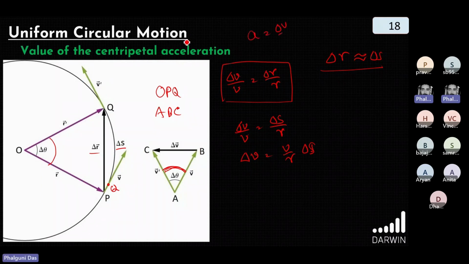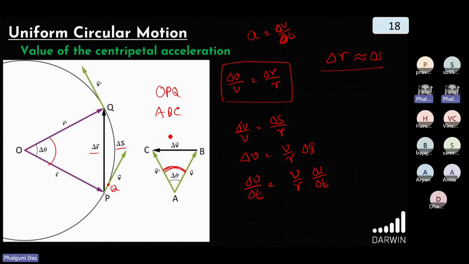Acceleration is delta V by delta T. The particle takes from P to Q in this time of delta T, so the acceleration will be delta V by delta T. That's the reason we find the delta V. Now we divide both sides by delta T. So delta V by delta T gives us V by R into delta S by delta T.